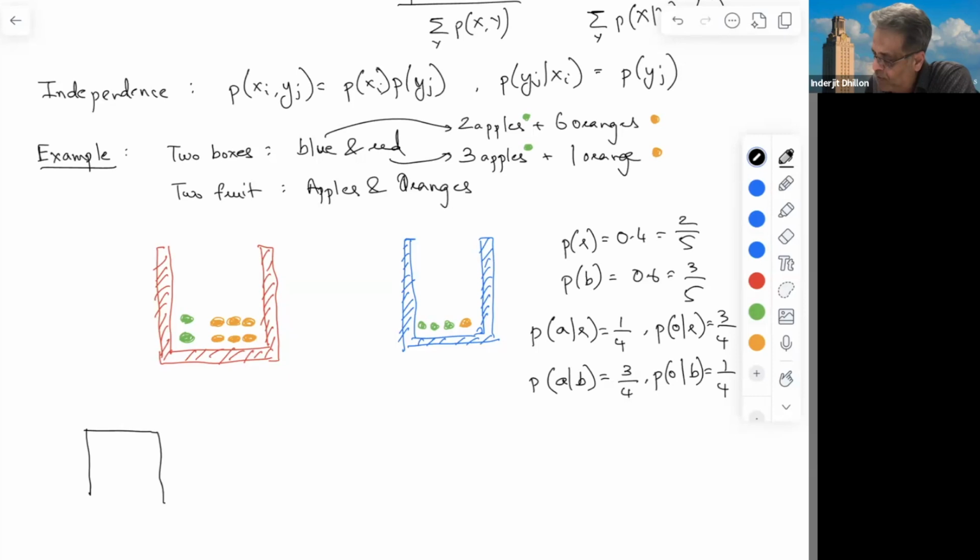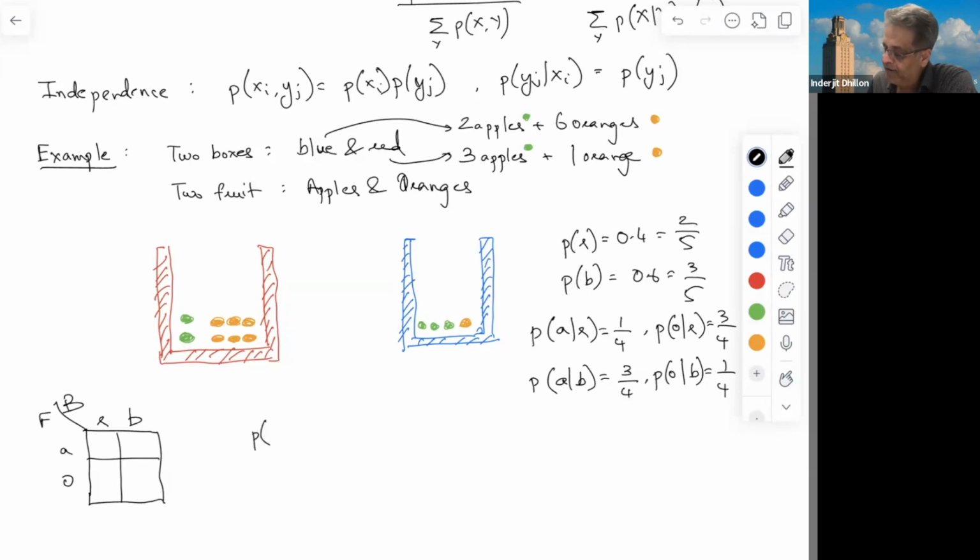So let's suppose my box is one random variable, fruit is another random variable. There's a red box, there's a blue box, there's an apple, there's an orange. Okay. Now, do we know the joint distribution? So let's suppose there are 4 things, right?